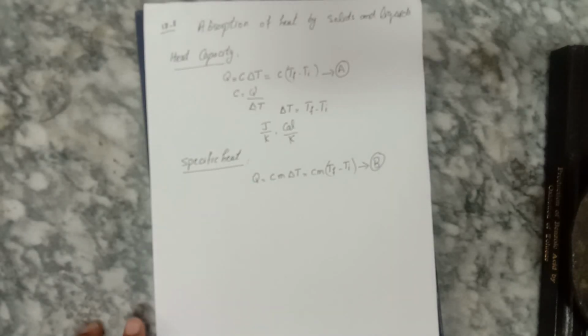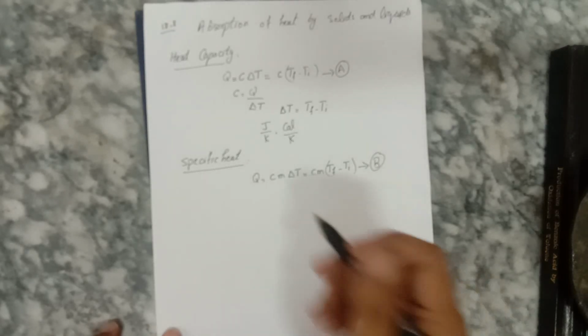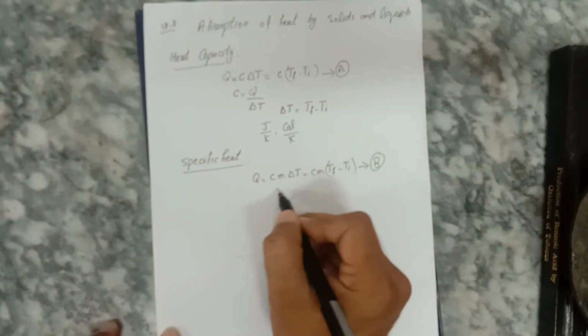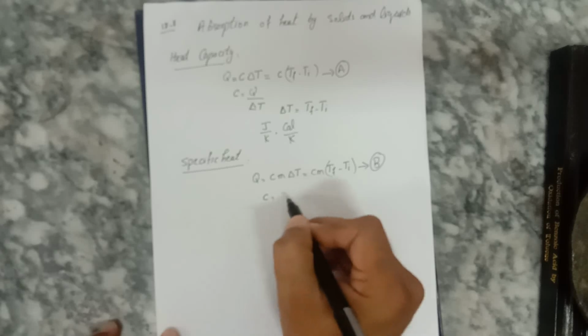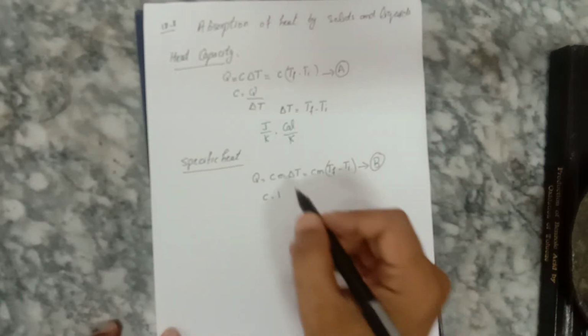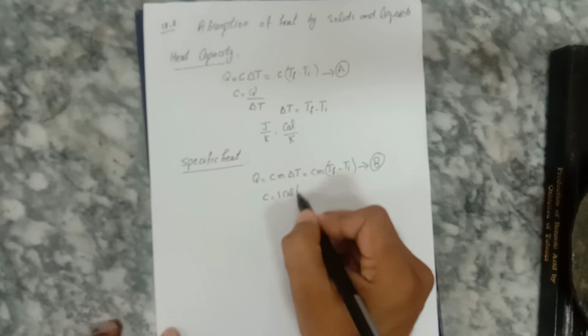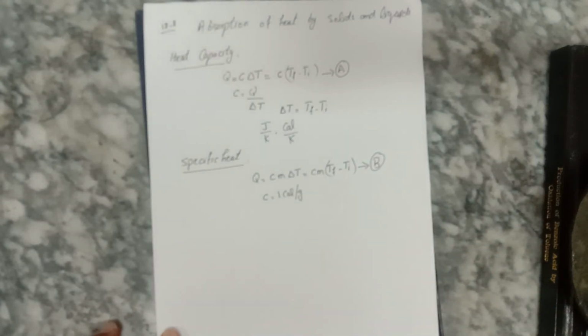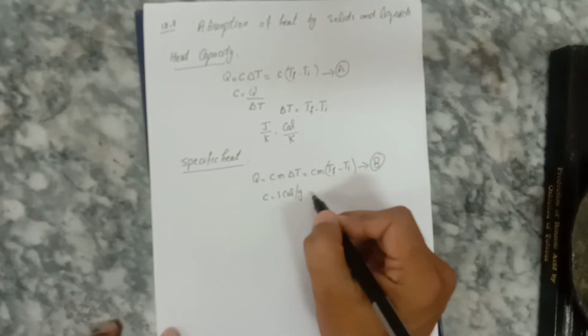In table 18.3 of the book, the specific heats at room temperature of different substances like lead, tungsten, silver, mercury, ethyl alcohol, seawater, water, etc. are given. And just for mention, the specific heat of water is 1 calorie per gram per degree centigrade.